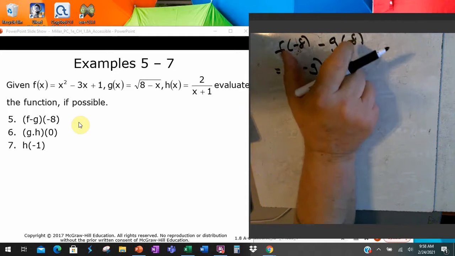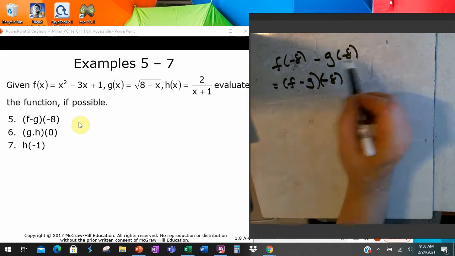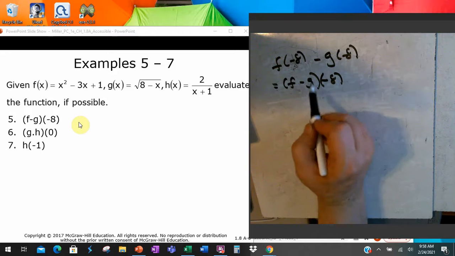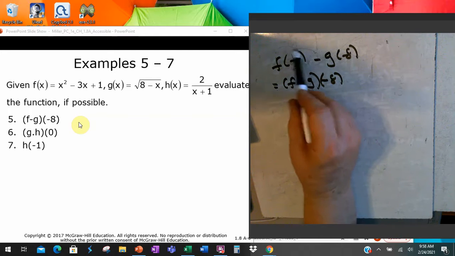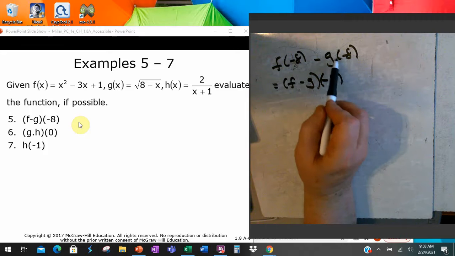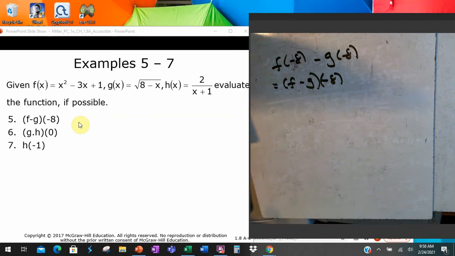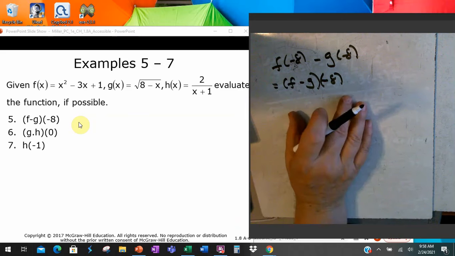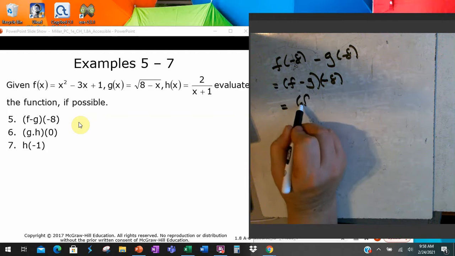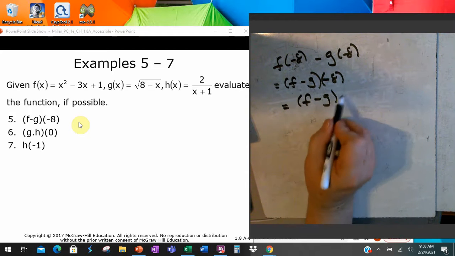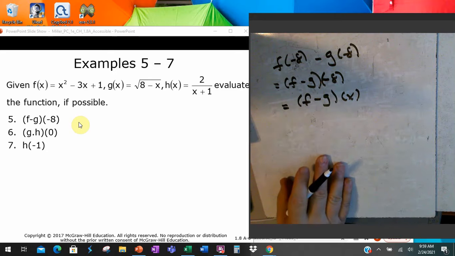If these were graphs, I would go grab the number from the graph, grab the other number from the graph, and subtract the two. I really didn't have to form this function, but I'm going to say what is f minus g of x, and then use that to evaluate at negative 8.